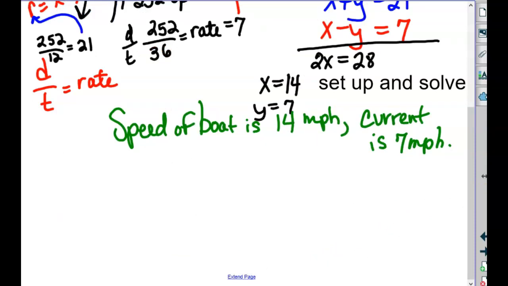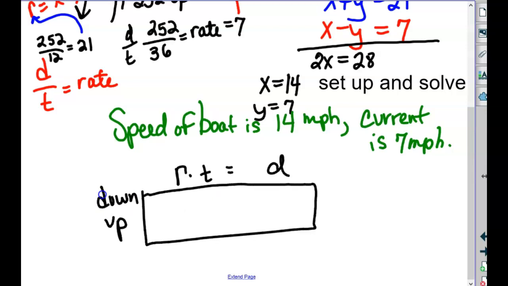You could have also done rate times time equals distance and filled in a little chart like downstream and upstream and done this is x plus y and x minus y.